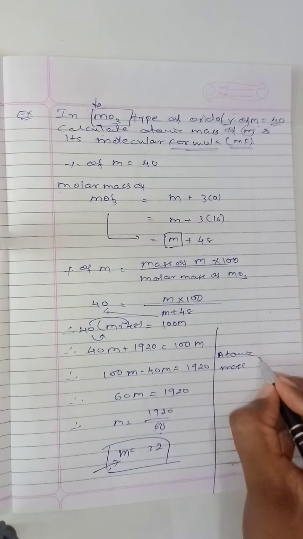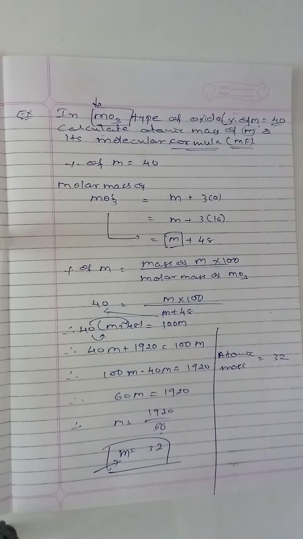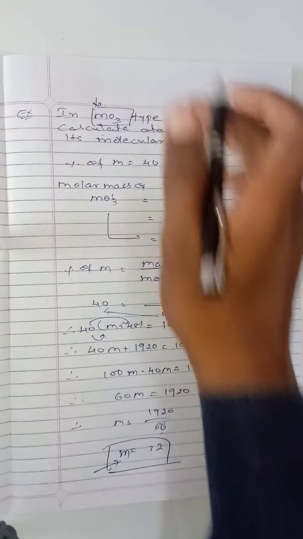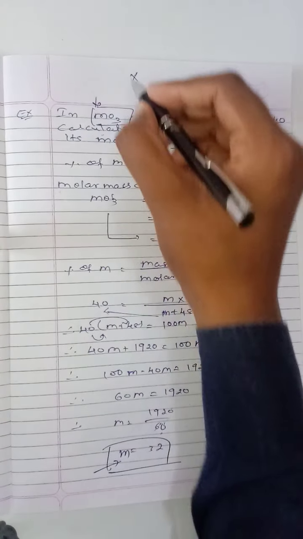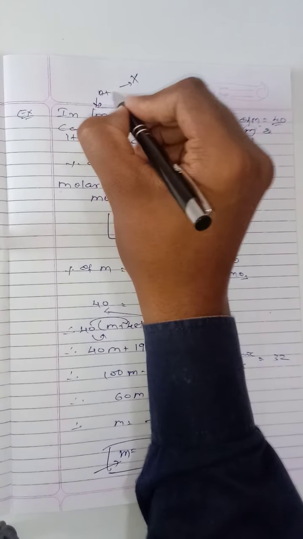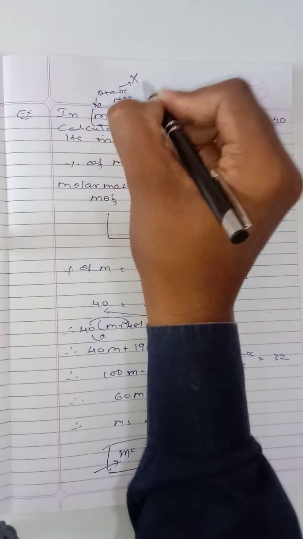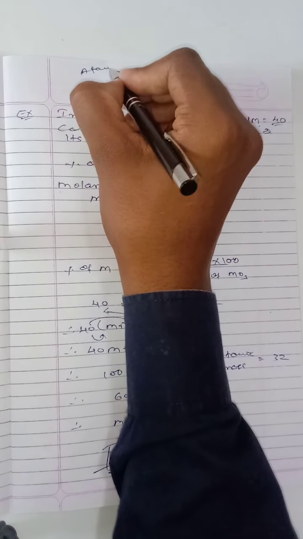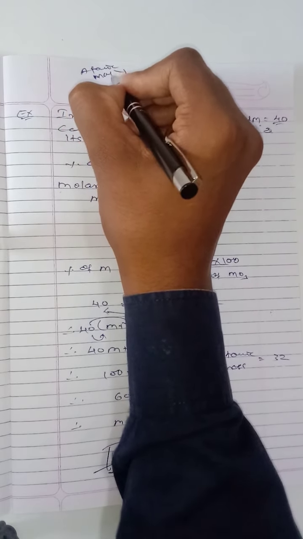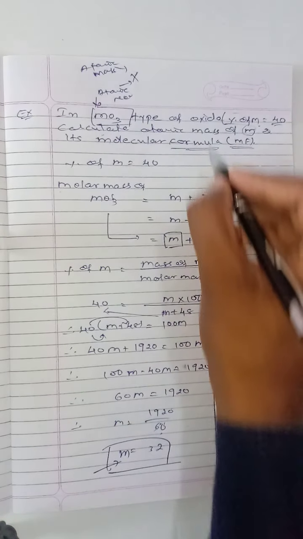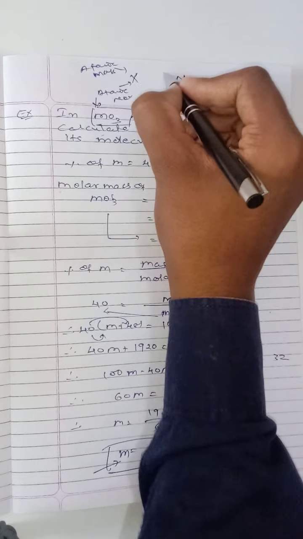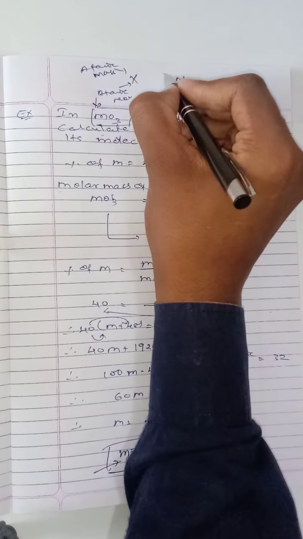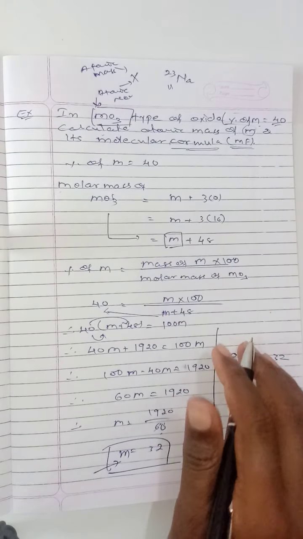Atomic mass is 32. As we discussed earlier, every element has a particular atomic number and atomic mass. Suppose for sodium the atomic number is 11 and its atomic mass is 23.